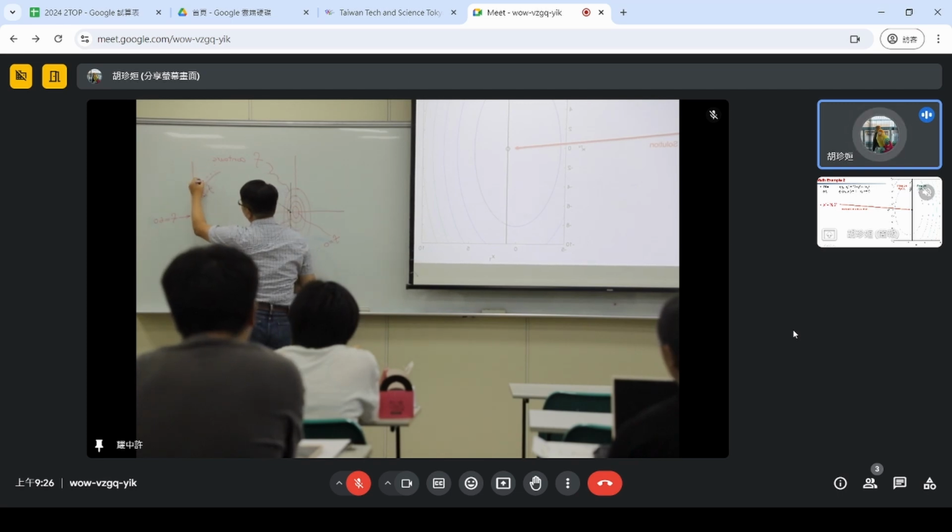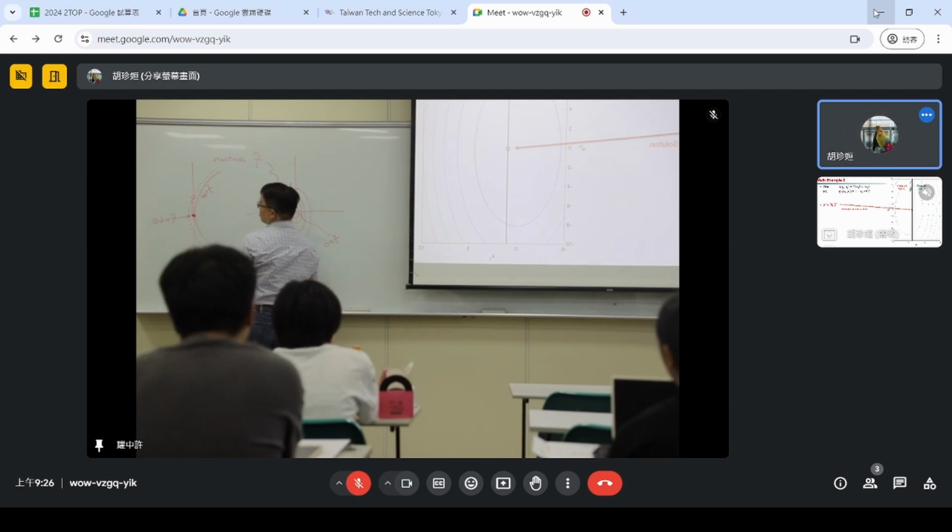So I can have another contour right here, and this could be the function value of 62. So if you are moving up and down, you actually have a higher function value.